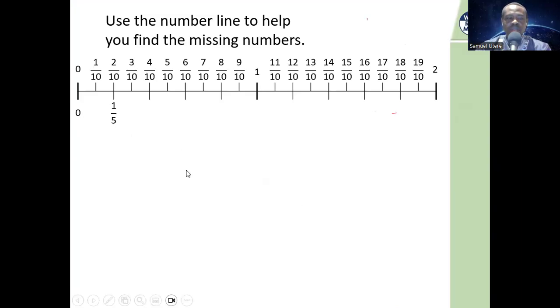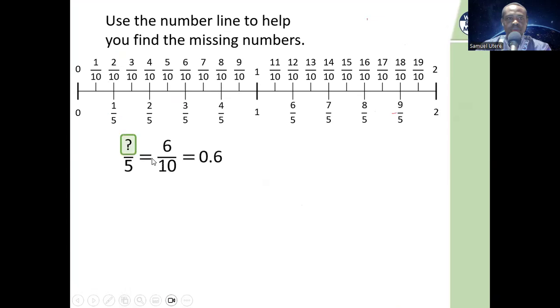Now, using the method of completing the number line, we can complete that like this. Another way to think about it is we have 5 intervals between 0 and 1. So if this is 1/5, then these others can be completed like that. So 2/5, 3/5, 4/5, 1, 6/5, so on and so forth.